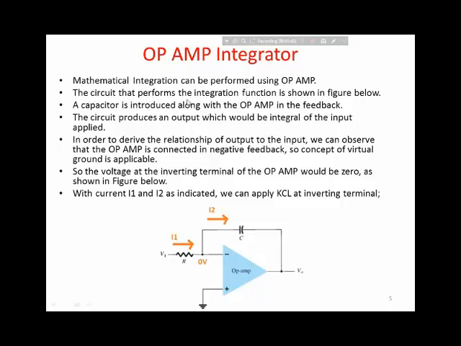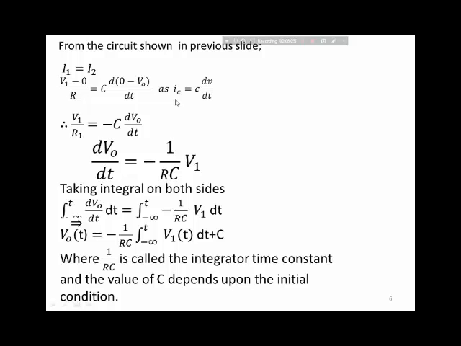For a capacitor, if current is defined into the capacitor, charging it, and the voltage across the capacitor is VC and the current is IC, then the relationship between current and voltage is given by IC equals C dVC by dt, where VC is the voltage across the capacitance.